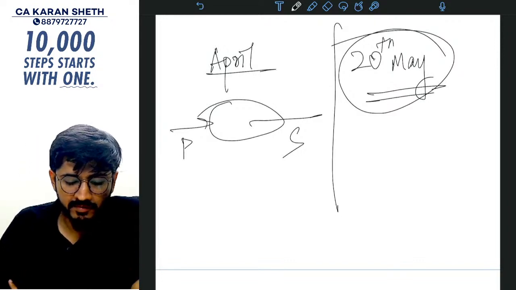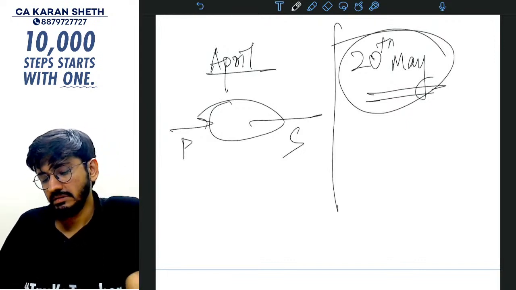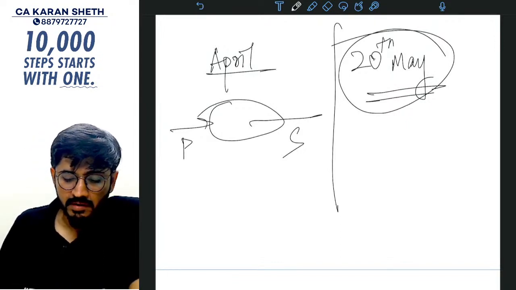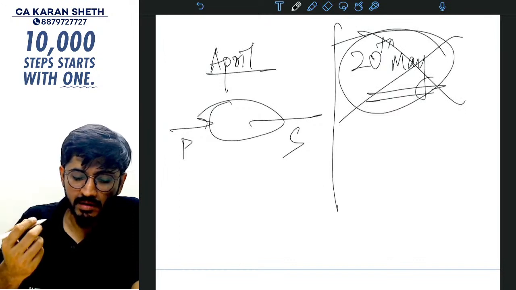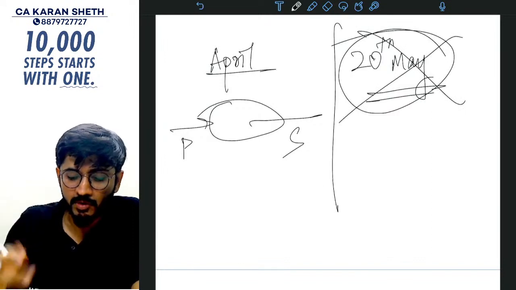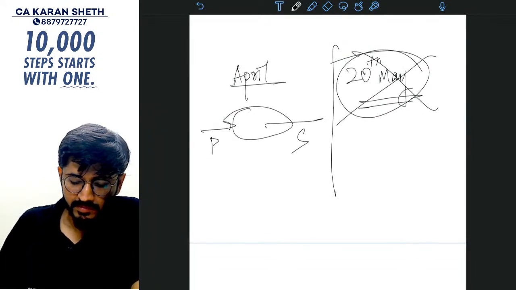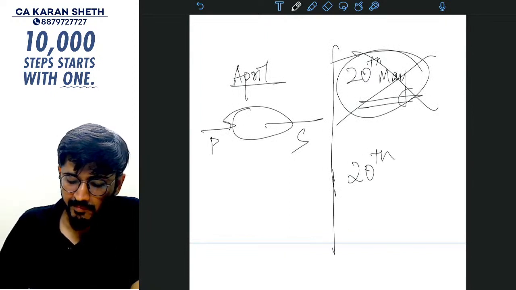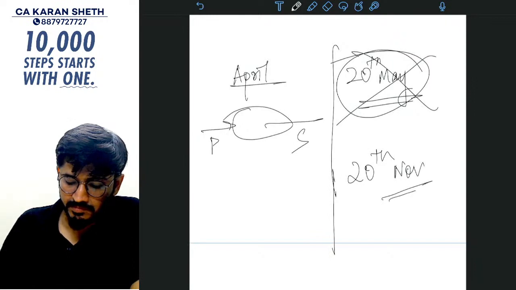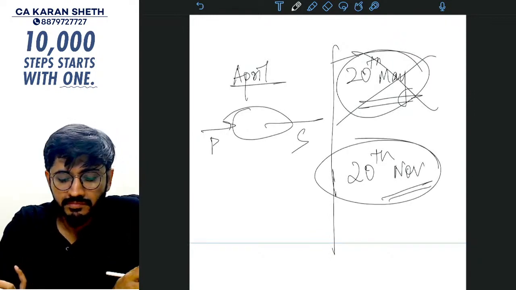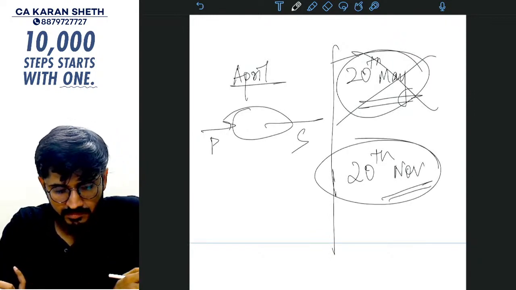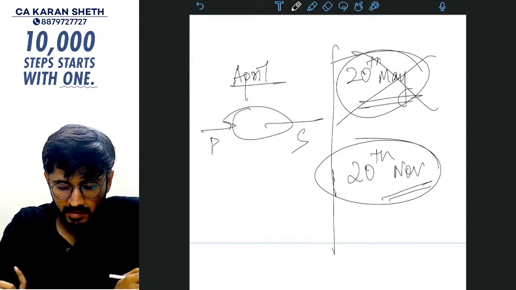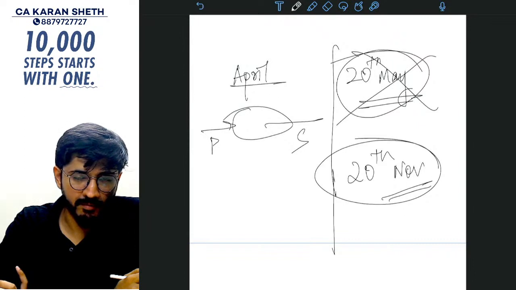Now the thing is, my dear friends, very simple. Understand that if I don't land up filing return on 20th May, and I end up filing on 20th November.